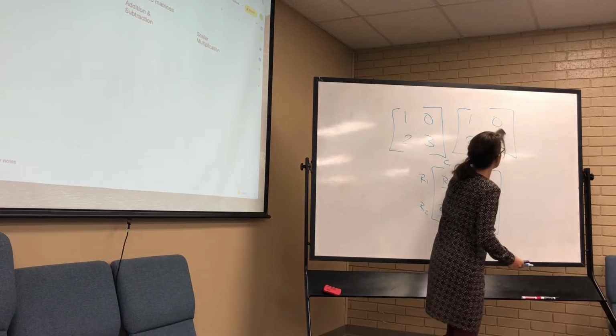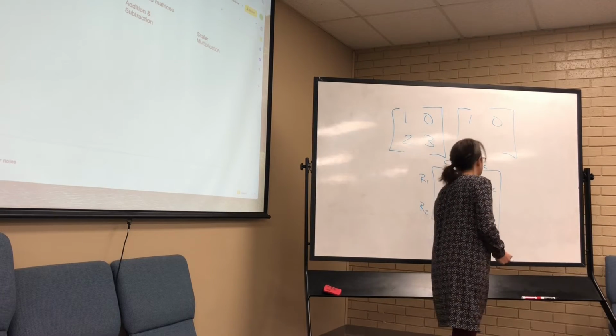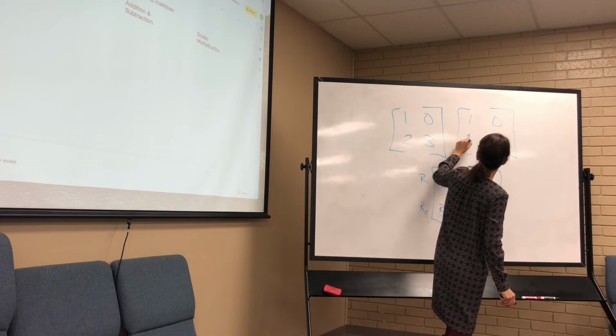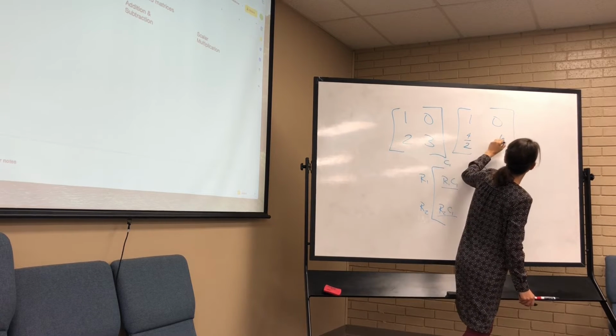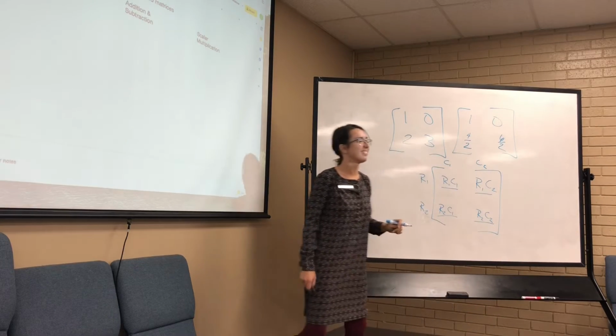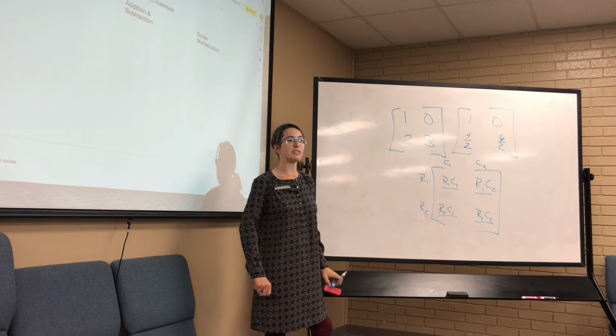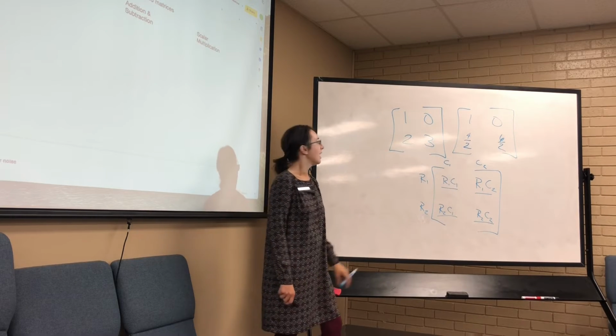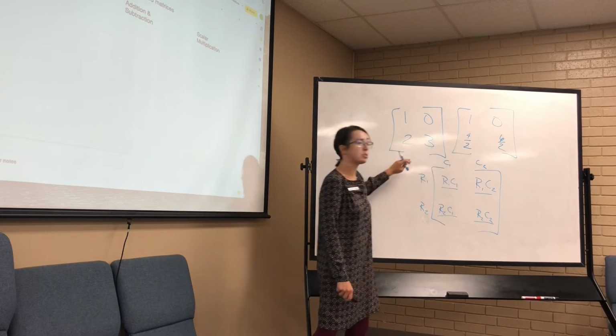It can often, they'll do this whenever they use fractions. They might, I mean, this is ridiculous, but they might do something like that. And then say, are these matrices equal? Yeah, they're equal. This one has fractions, this one does not.